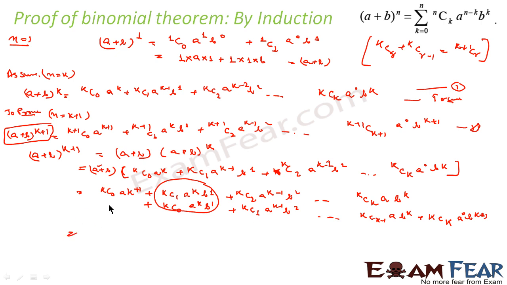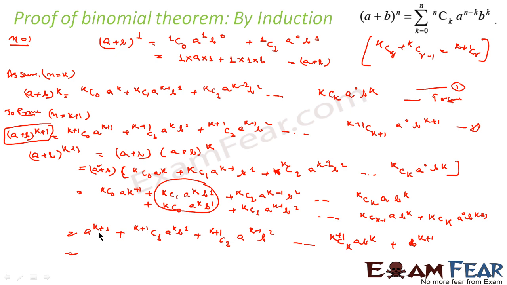So KC0 is 1, we know, that becomes a^(k+1) plus k+1Cr, r is 1, into a^k b^1, plus k+1C2 a^(k-1) b^2, dot dot dot, plus k+1Ck a b^k, and plus kCk is also 1, so a^0 b^(k+1). This is the formula we got.